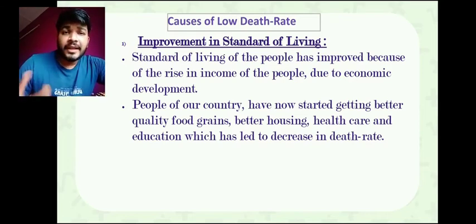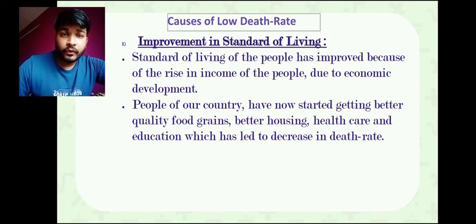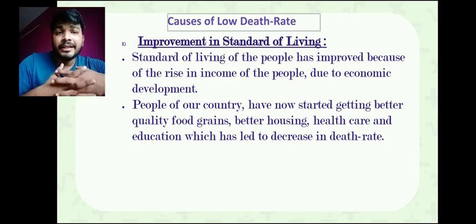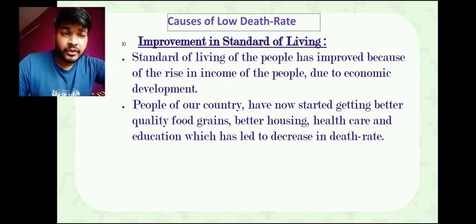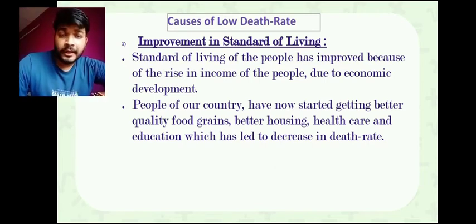These medical facilities help to save people's lives and so decrease the death ratio. So you find that the death rate has decreased because of this improvement in standard of living. Good quality food grains, housing, healthcare, education and different social and cultural activities lead to high living standards and a low death rate.